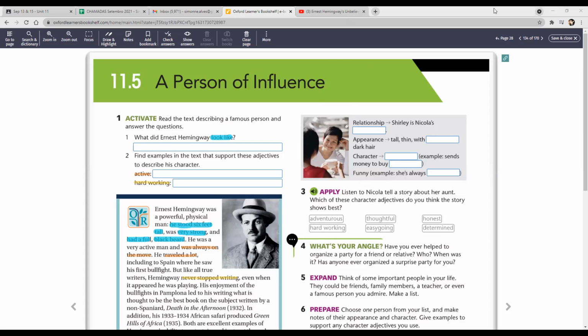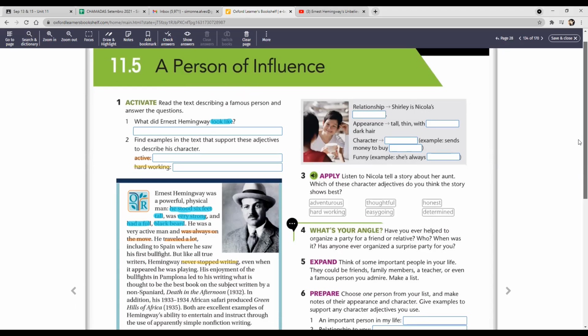All right, people. This is where we are. This final page will talk about how we can describe people, and it will focus on a person you may have heard of before, because he's a famous author. His name is Ernest Hemingway. Have you ever heard of this American author? Haven't you ever heard of Huckleberry Finn?